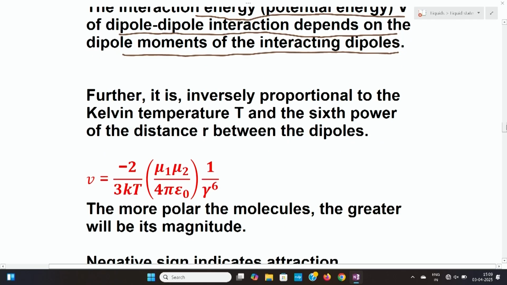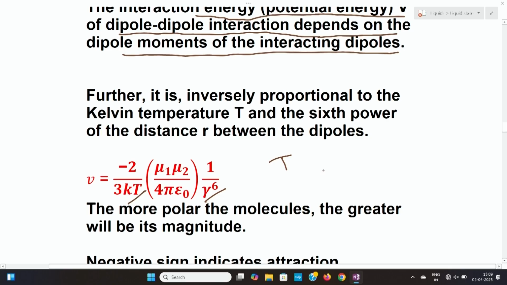This interaction energy also depends upon the Kelvin temperature T and the sixth power of the distance r between the dipoles. The potential energy is inversely proportional to the temperature in Kelvin and the sixth power of r, the distance between the two polar molecules.